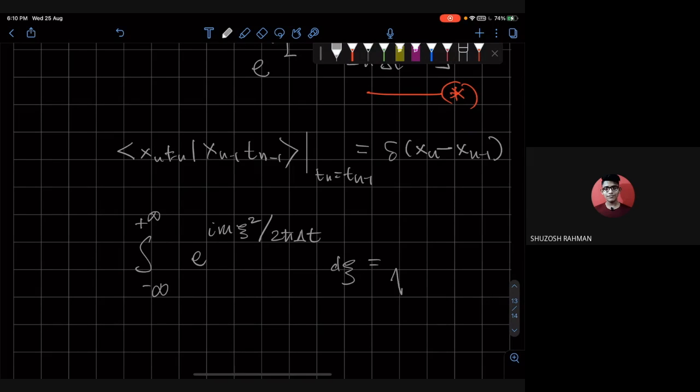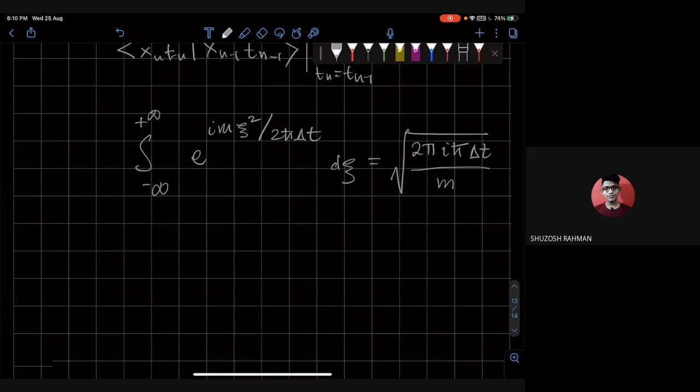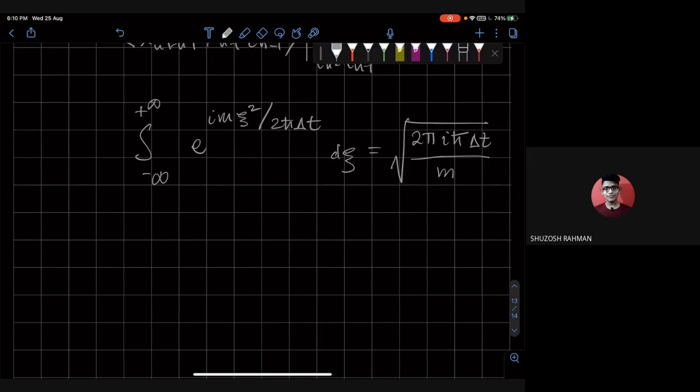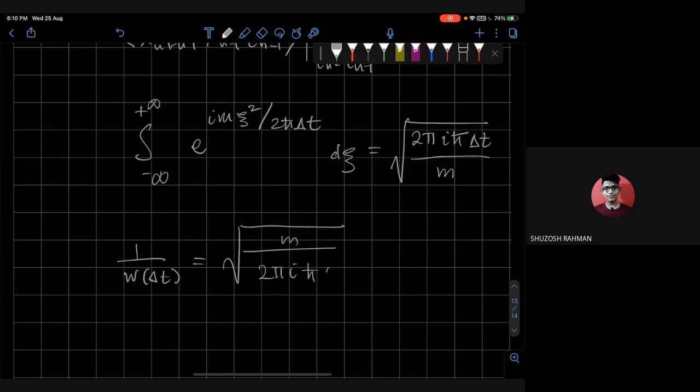And we have done enough Gaussian integrals to see that this is going to be just this thing. And therefore, we find that 1 over W of delta t is given by the square root of m divided by 2 pi i h bar delta t.